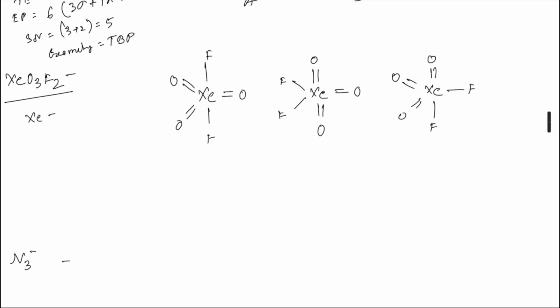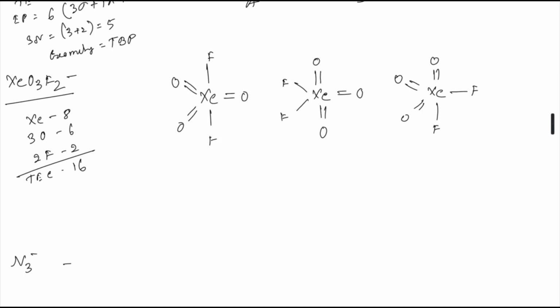For Xe, the total electron count in the valence shell is 8. For 3 oxygen it will be 6, and for 2 fluorine it will be 2. So total electron count equals 16. Now electron pairs equal 8.